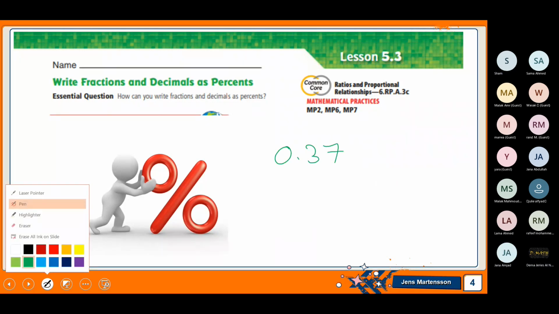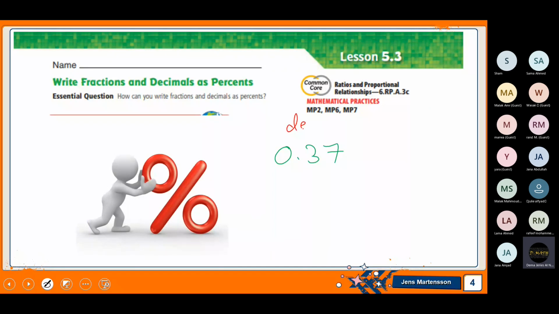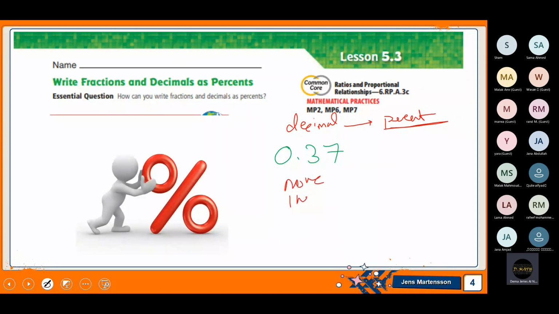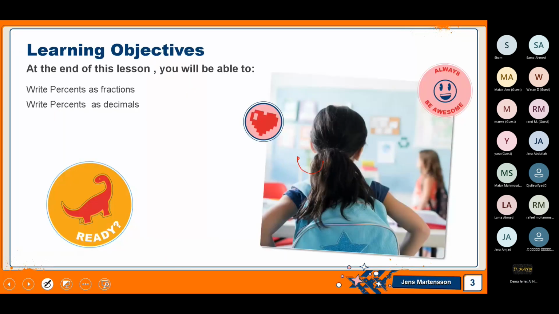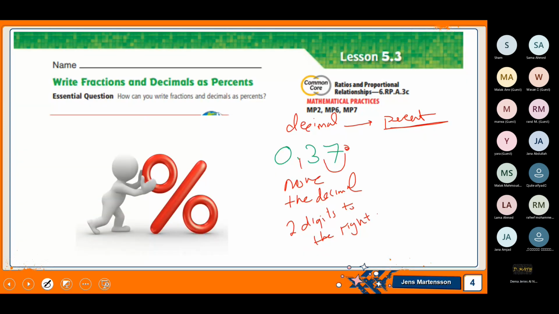Only one step to convert a decimal to a percent. You just have to move the decimal point 2 digits to the right. Where's the decimal point? It's here. Move it 2 digits. So it will be 37%.